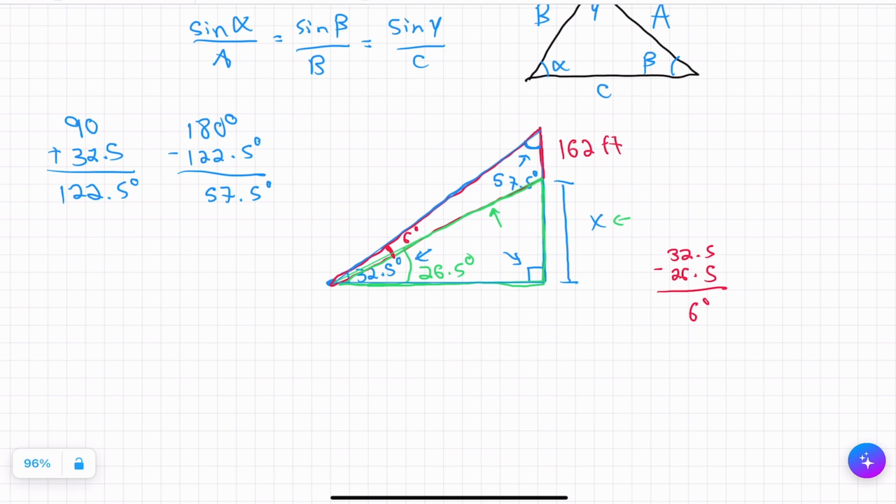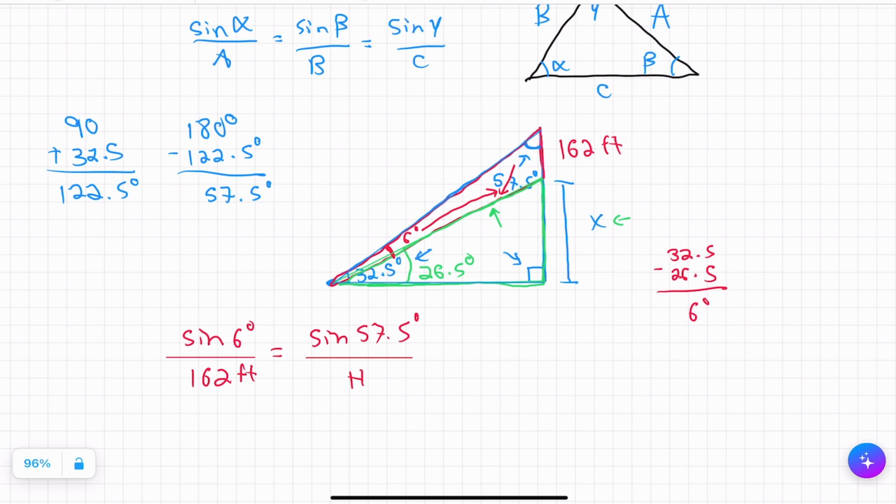And now we can use the law of sines. We have an angle and we have information opposite of that angle. So we can write the sine of 6 degrees over the information opposite of it, which is 162 feet, is equal to our other angle, the sine of 57.5 degrees over our hypotenuse, because this information is opposite of that angle.